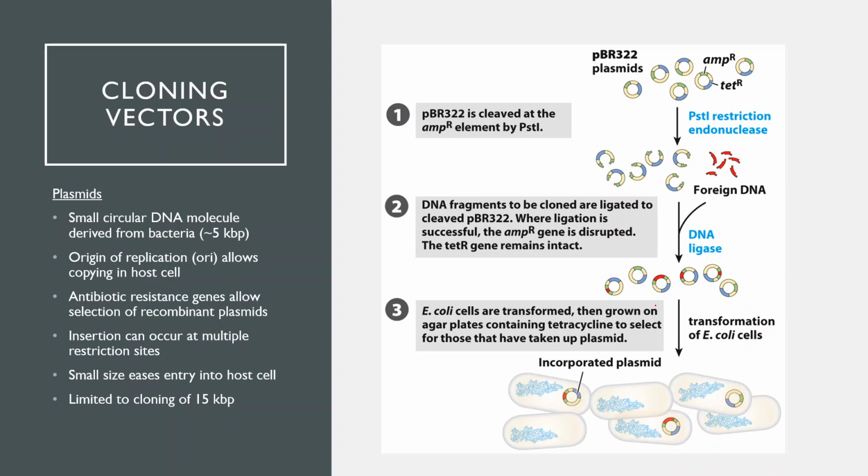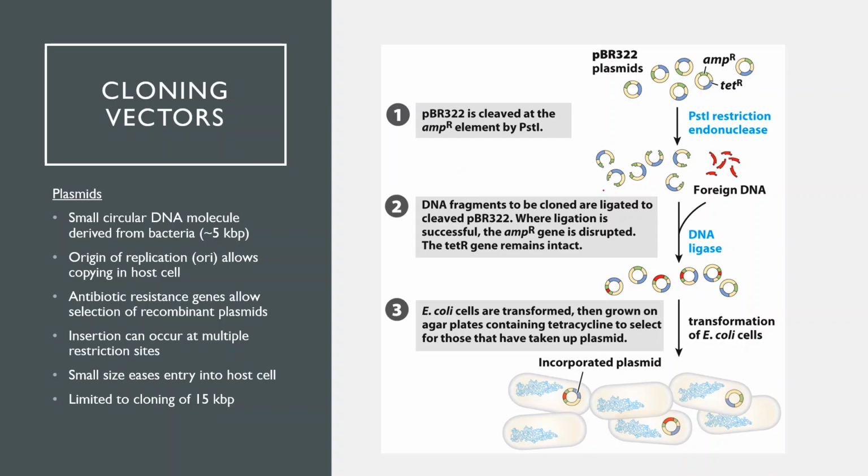You transform your host cells, a strain of E. coli bacteria, and so the cells will now contain those plasmids. But now, and we'll learn that the transformation process is not 100%. So some of the cells will pick it up, some of it won't.